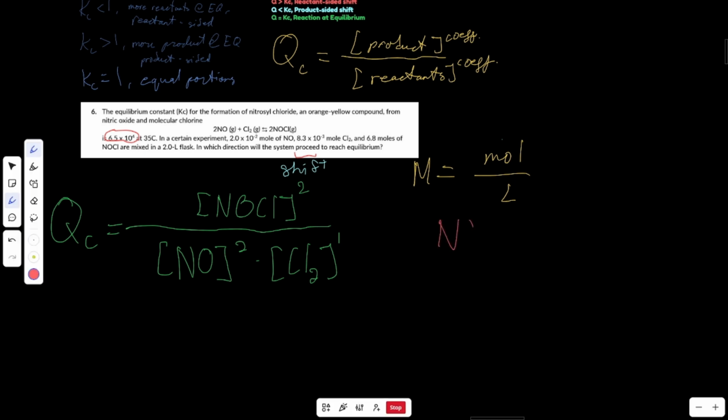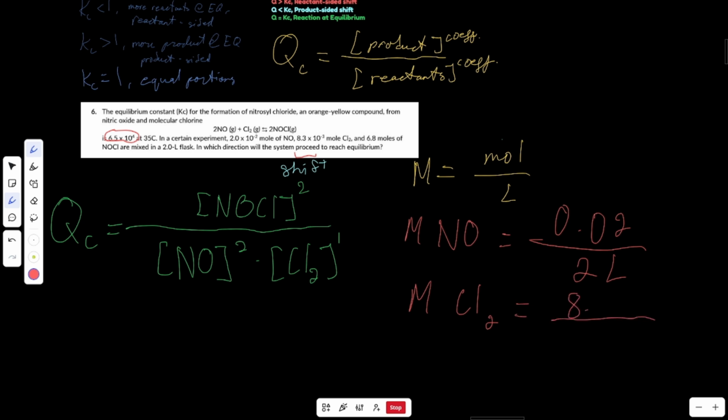So for NO, the molar concentration of NO will be given by 2.0 times 10 to the power of negative 2, or 0.02, divided by 2. Now the molar concentration of Cl2 rather would be 8.3 times 10 to the power of negative 3, or 0.0083, over 2 liters.